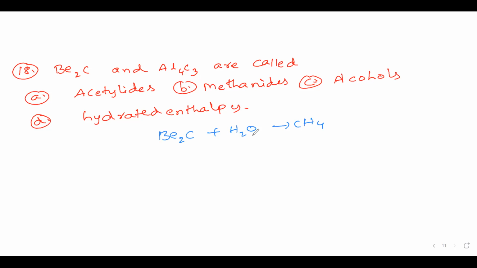I'm not giving the balanced equation. Similarly, aluminum carbide also on hydrolysis forms methane gas. So the answer is methanides. Since beryllium carbide and aluminum carbide on hydrolysis form methane gas, they are called methanides. Like these questions you are going to get in the examination.